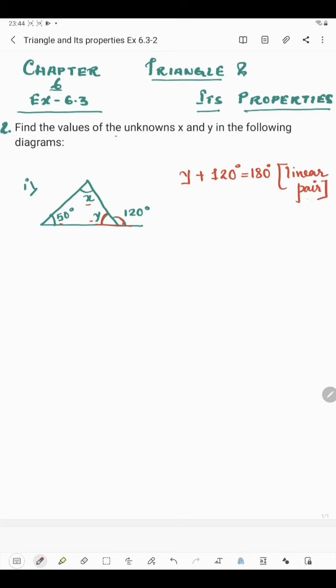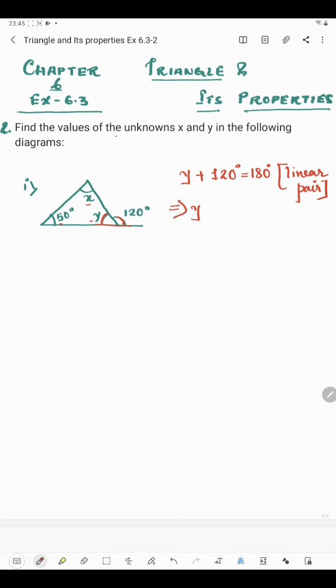Here this exterior angle is equal to the sum of these two opposite interior angles also, so that way also we can find the value of x. Now here we have used the linear pair property. Okay. Now here y plus 120 degree is equal to 180 degree.